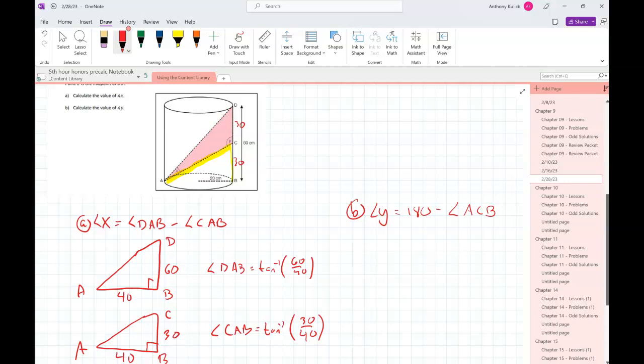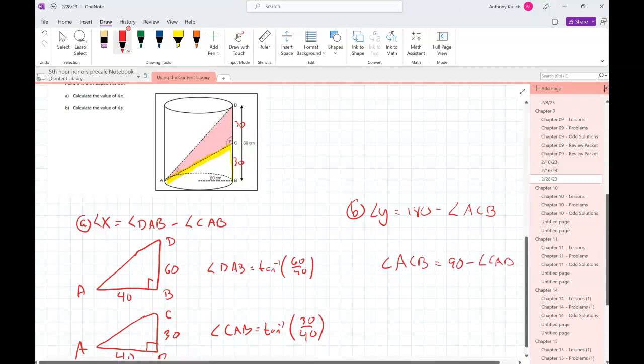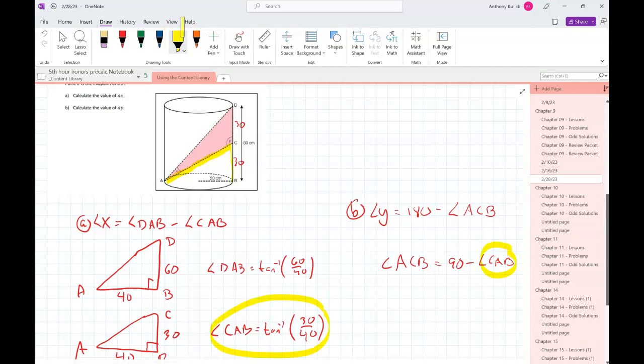And what's even better is because I already found angle CAB, I know that angle ACB is just going to be 90 minus angle CAB, which I already found over here when I did X. Not too bad.